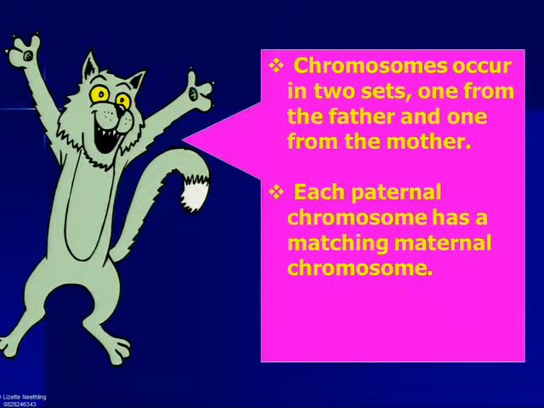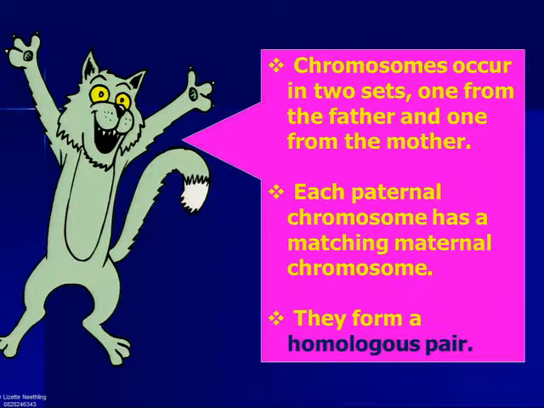And every chromosome from your father has a similar chromosome in size and in shape that it can partner off with the chromosomes of the mother. So they are matching one another. And when they match, we call them homologous pairs. You need to know that term. You need to be able to use it in an exam.